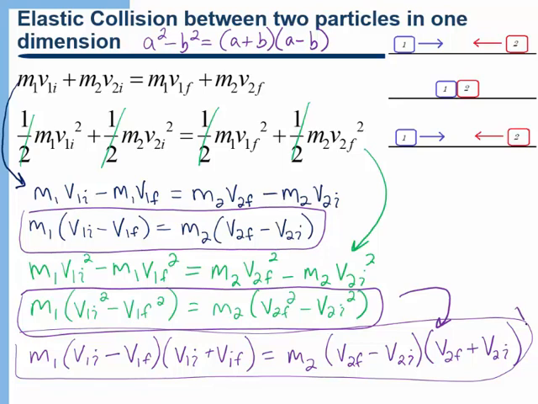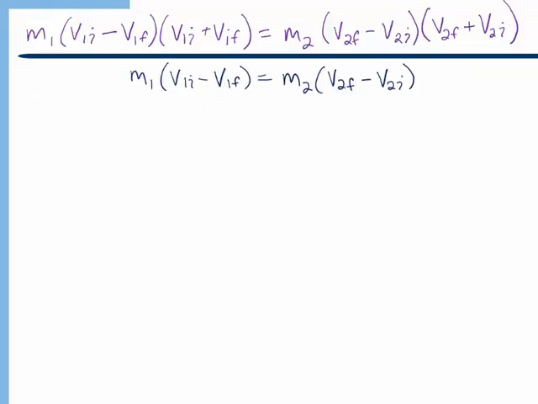Now I'm going to take these two equations and rewrite them on the next slide. So I've written the kinetic energy equation on the top, and just below it I've written the conservation of momentum equation.